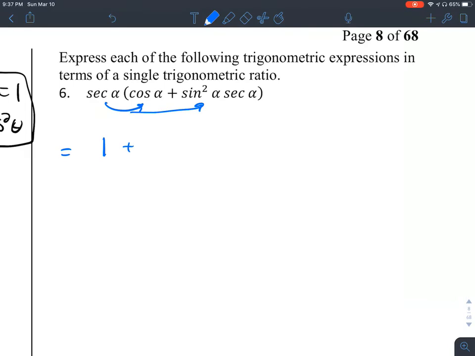If I multiply secant of alpha times secant of alpha in the second term, I'm going to get secant squared of alpha. Then if I change secant squared into its reciprocal, I'm going to get 1 over cosine squared of alpha.